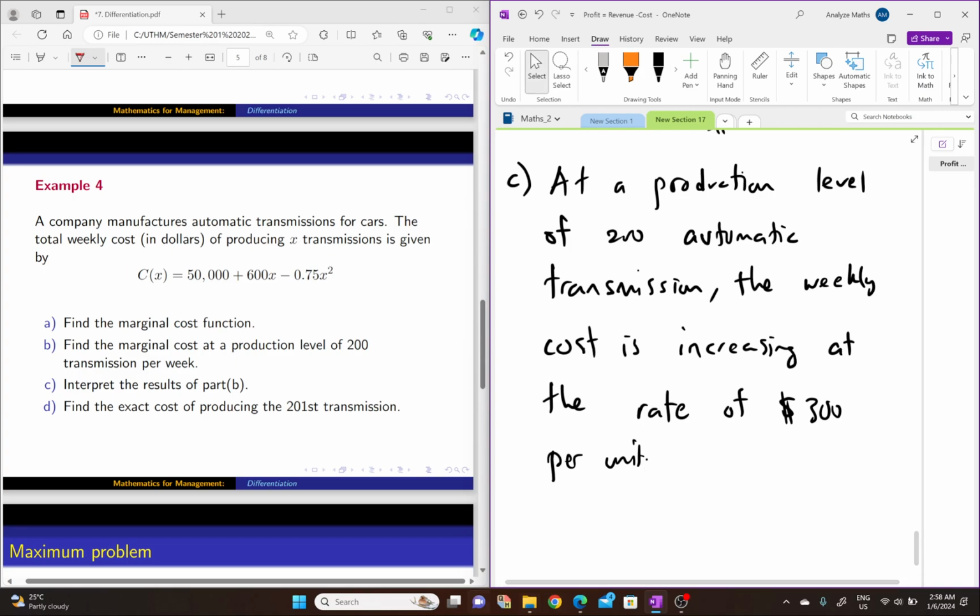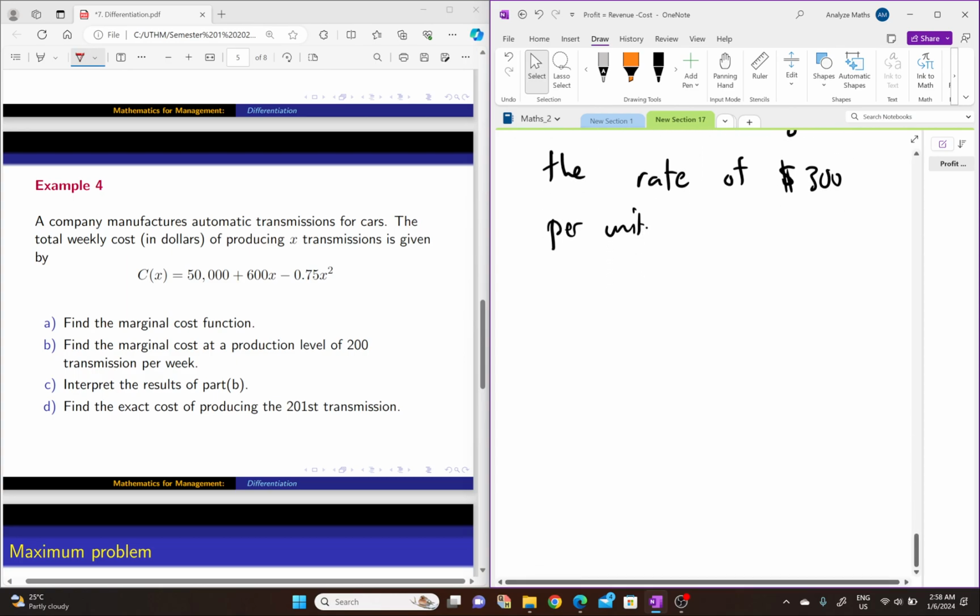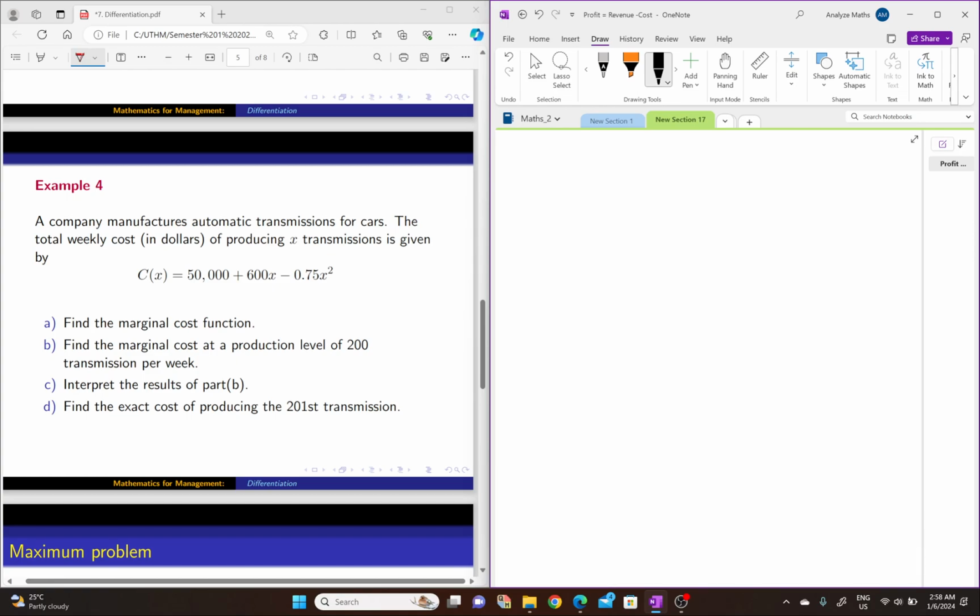Find the exact cost of producing the 21st transmission. They are asking for the exact cost. If they ask for the exact cost of the 21st transmission, take total cost of 201 minus total cost of 200. I leave this as a homework.